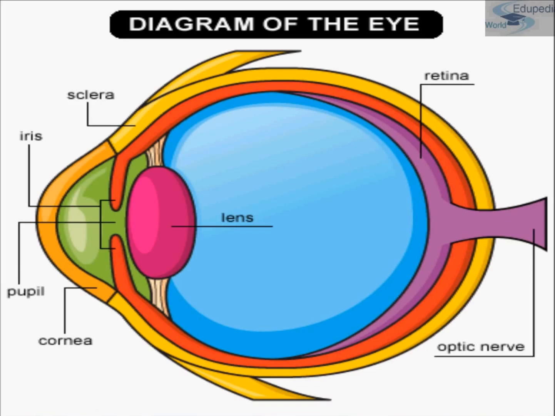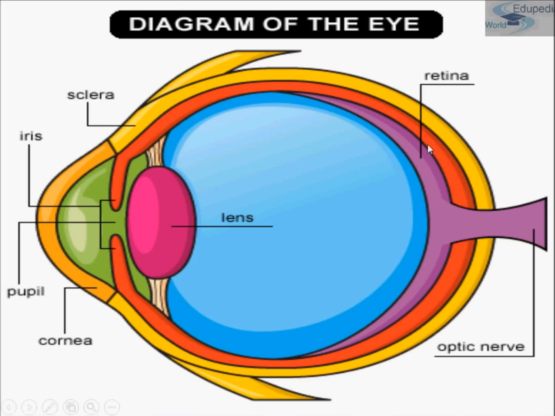Iris, students, has an adjustable opening in the middle called the pupil of the eye. This red part is your iris, but this part is your pupil. Pupil appears black because all the light entering is absorbed by the retina.